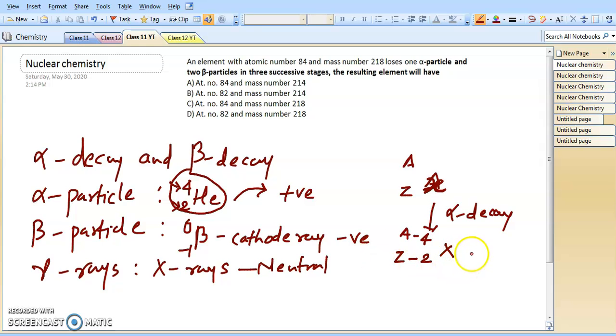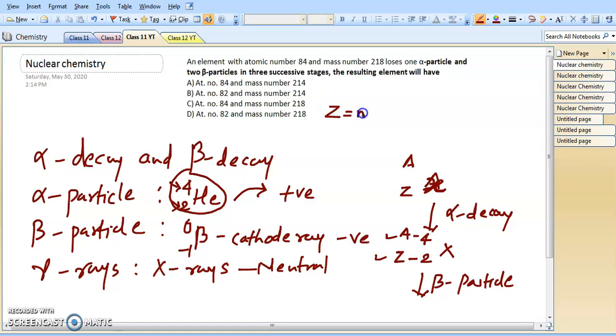Now it undergoes beta decay. It loses a beta particle, the electron goes out. But what will happen with the mass and atomic number? The atomic number of an atom, that is Z, is equal to the number of protons.